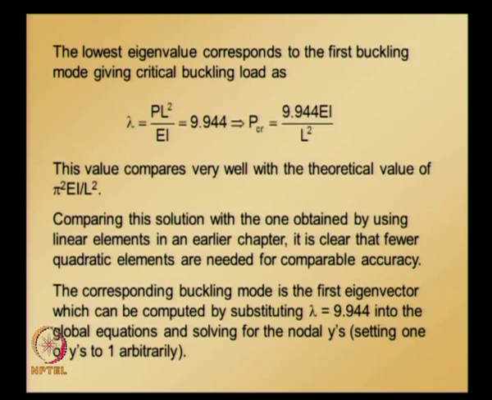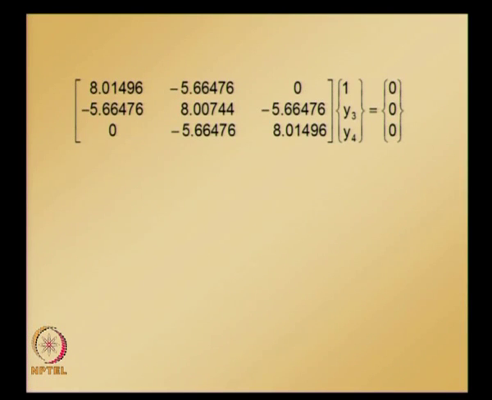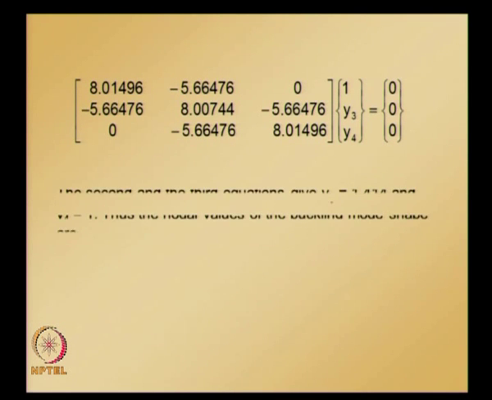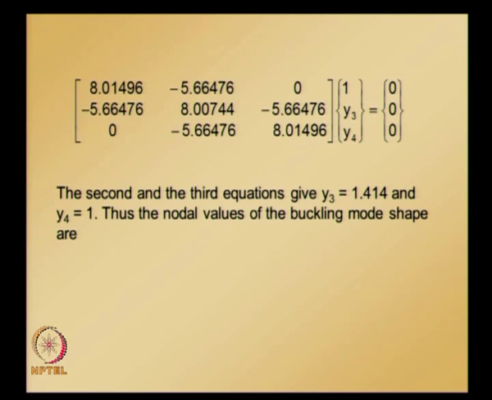When we are solving for eigenvectors, we need to arbitrarily set one of the y values to 1 and solve for the other values, similar to the way we did when we solved the same problem using linear elements. So, following the same procedure, setting y2 is equal to 1, solving for y3 and y4, we get the buckling mode shape.